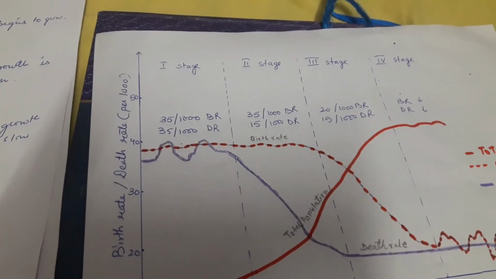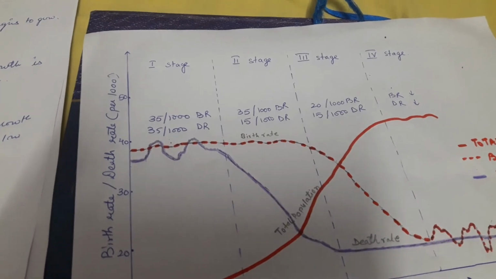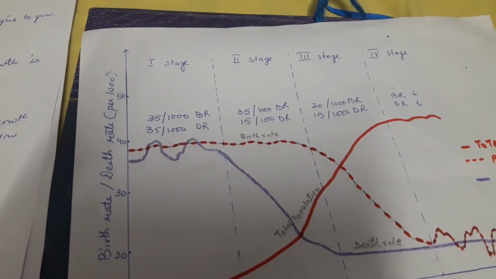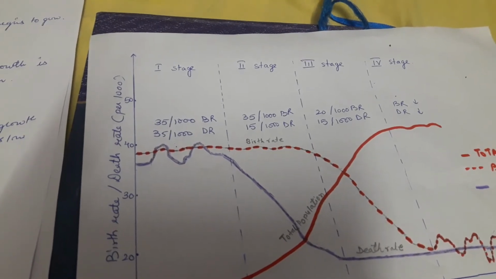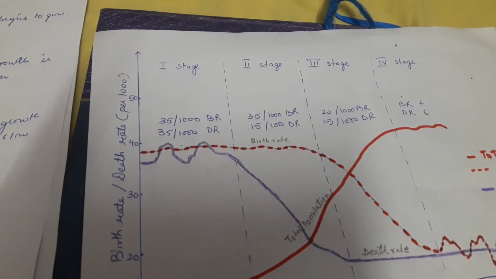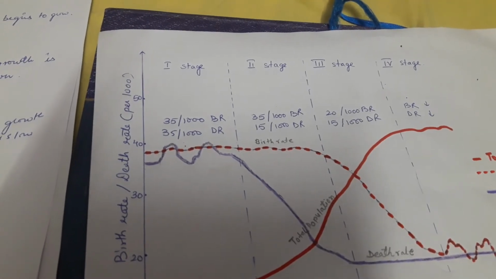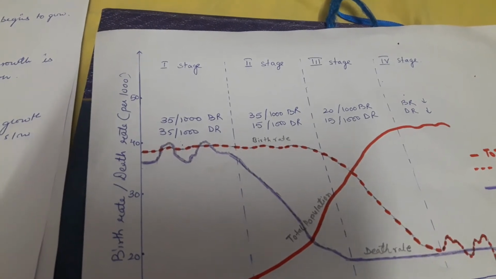It is known as the early expanding stage. Countries like Afghanistan, Iran, Iraq, Nepal, Bangladesh, Pakistan, Ethiopia, Ghana and Morocco all show this type of early expanding stage.